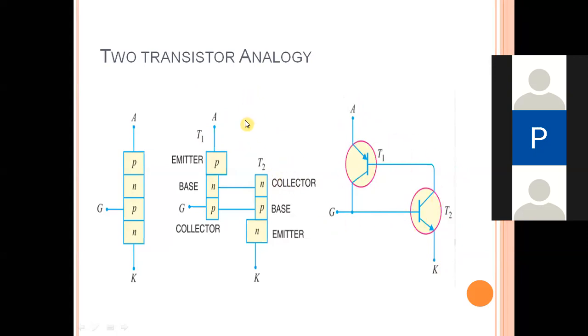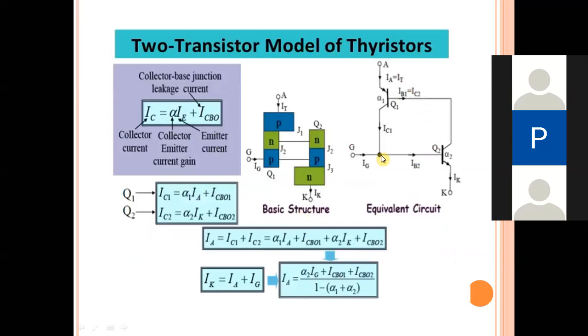So the two transistor representation will be like this. Okay. So the first part of the bisected SCR forms a PNP transistor, and the second part of the SCR forms an NPN transistor. Okay. So those are going to be like this here. Okay, is it visible?